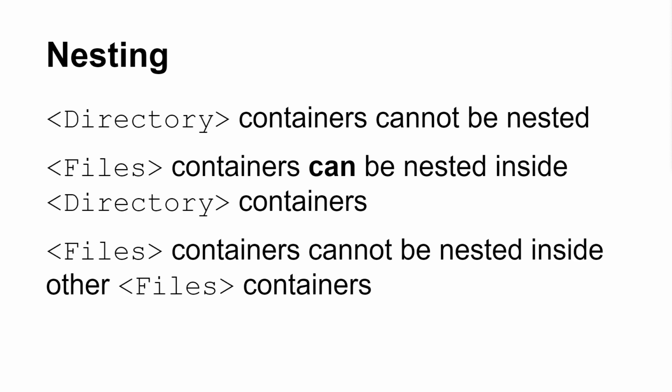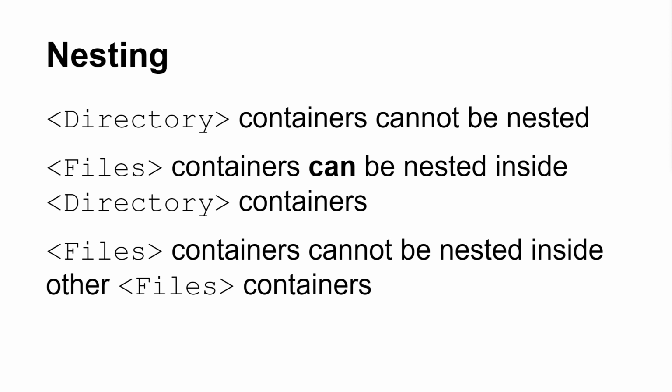So in nesting, and this kind of makes sense, you can have a Files container inside of a Directory container, but you cannot put a Directory container inside of a Files container. I think that sort of makes sense. But also, you cannot have a Directory container inside of another Directory container. Instead, you specify a whole new Directory container that points to a subdirectory of a previous Directory container.